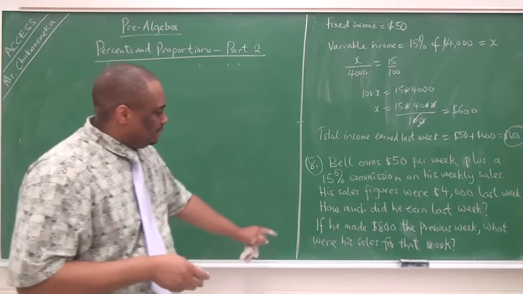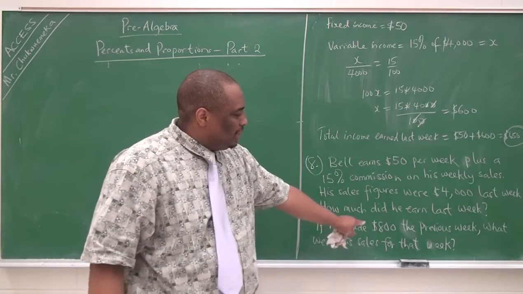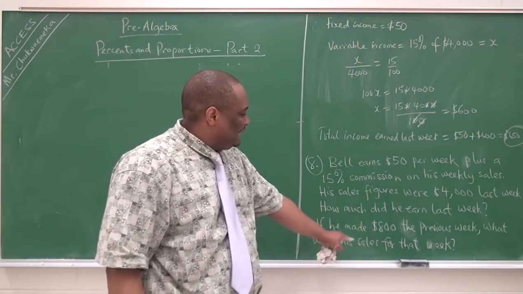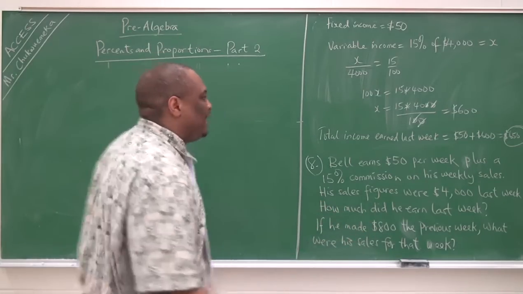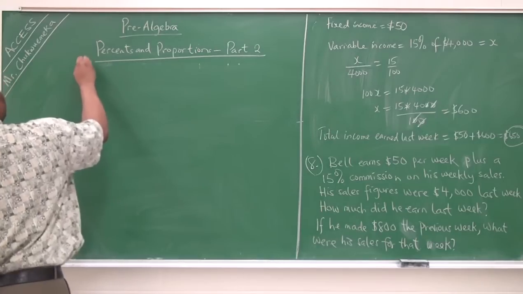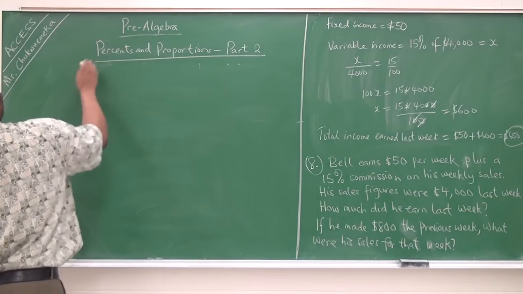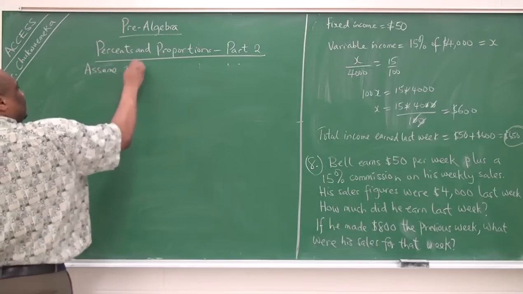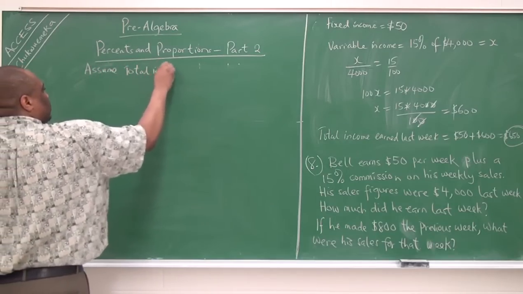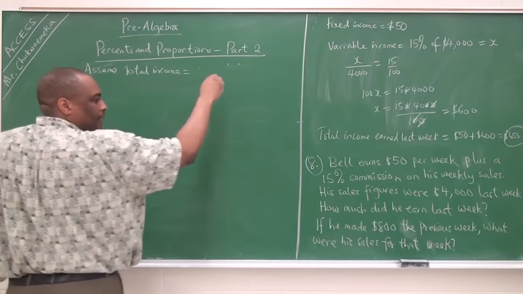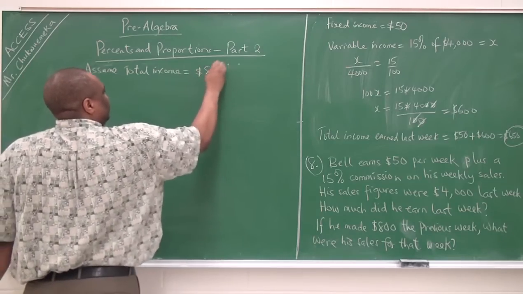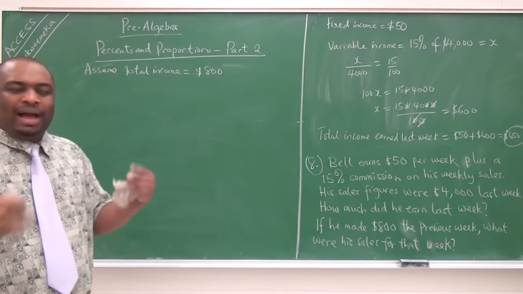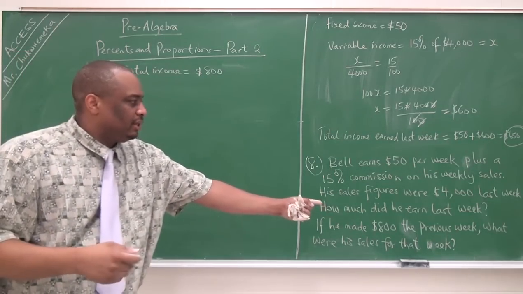Okay, then the last question, he said if he made 800 the previous week, that is before last week, what were his sales for that week? So assuming the total income was $800, right? Now, of course, they now ask the weekly sales, okay?